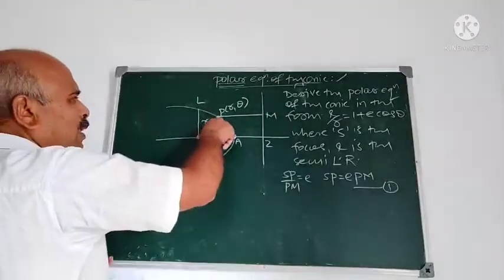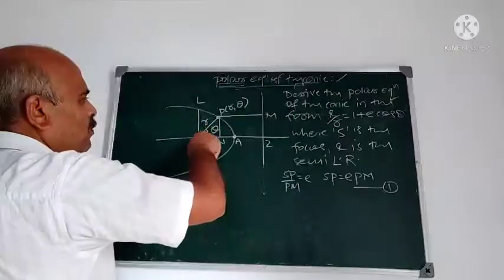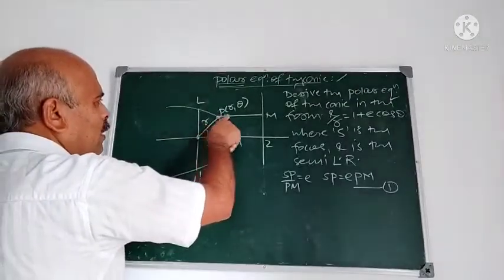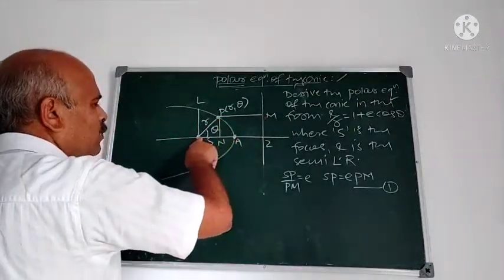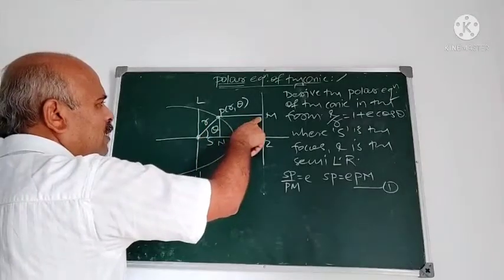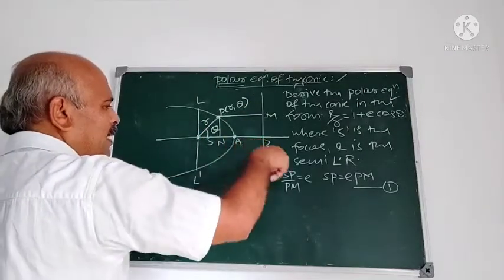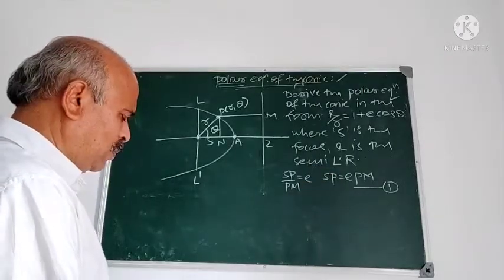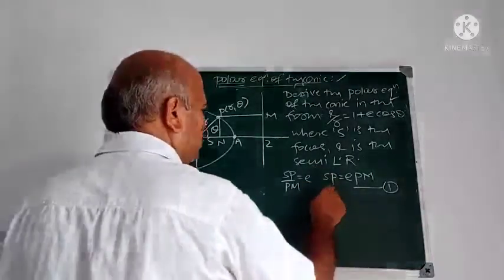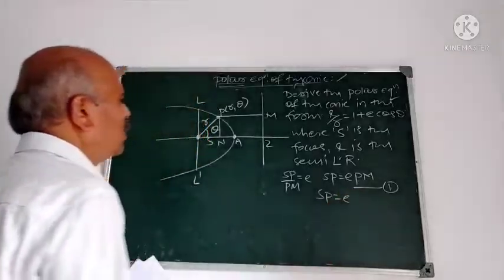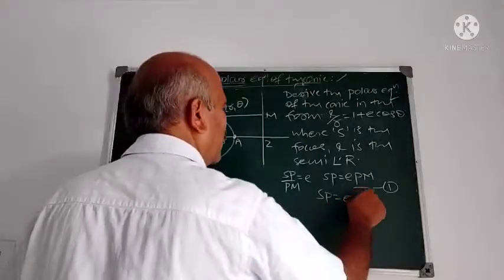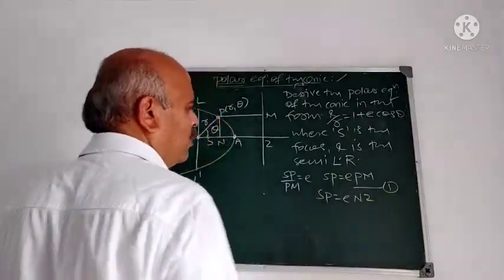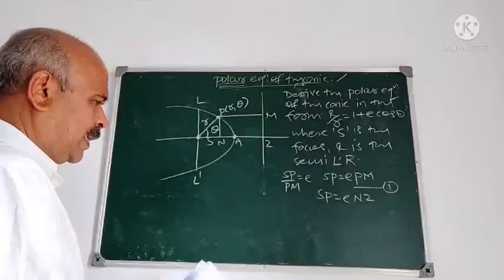It is the locus of a point which moves such that the ratio of its distance from the fixed point to the fixed line, SP being the distance from the fixed point and PM the distance from the directrix, is always constant. So SP is E into PM, where PM is NZ. Correct?